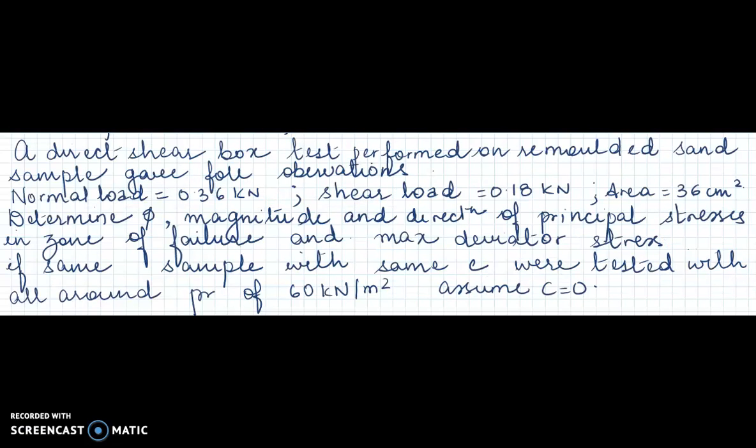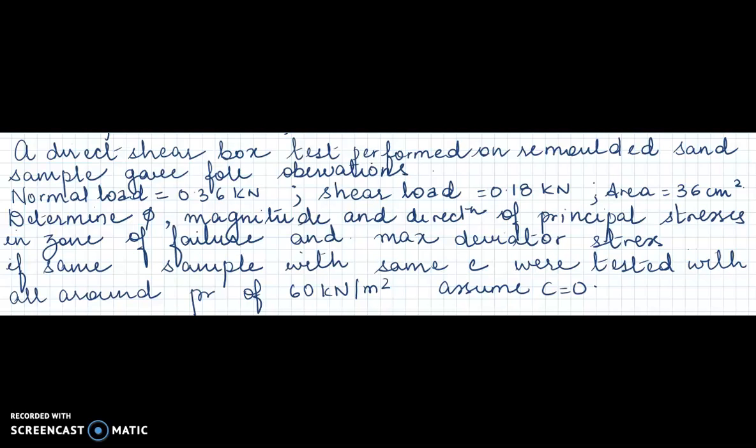Okay, now we're taking a numerical example. This is taken from one of the textbooks. A direct shear box test performed on a remolded sand sample yielded the following observations. Normal load is 0.36, shear load is 0.18. Sample area is 36 cm square. You are asked to find the internal friction angle, that is phi.